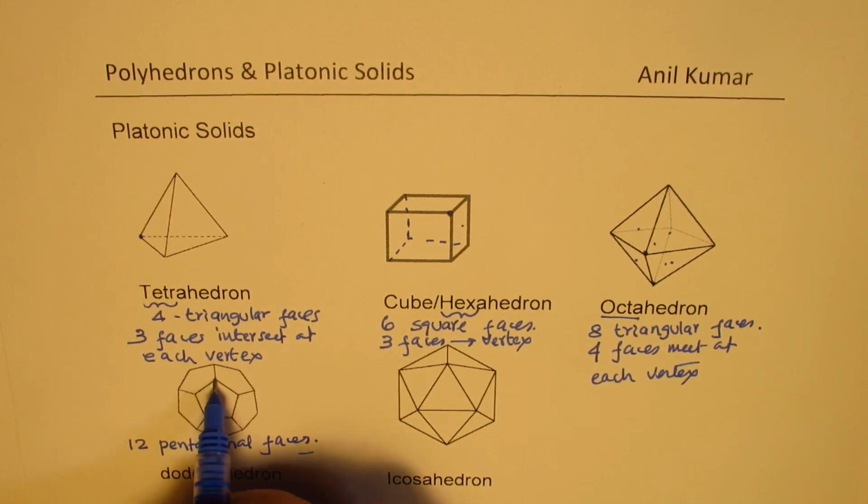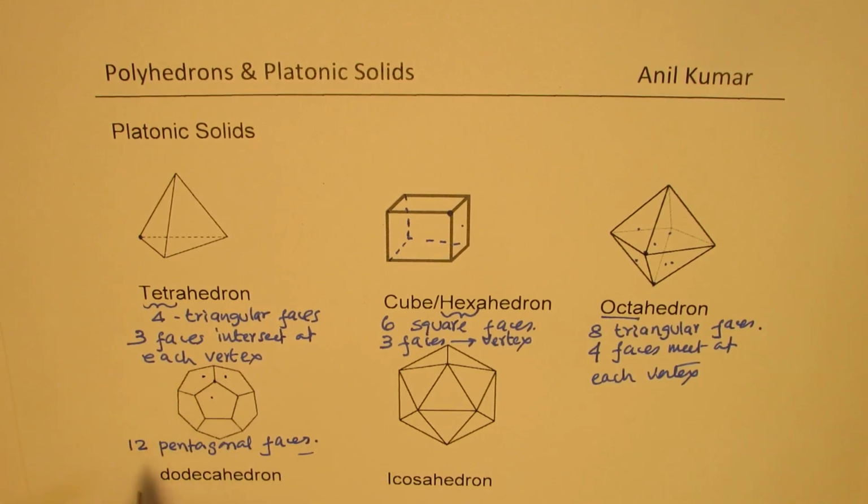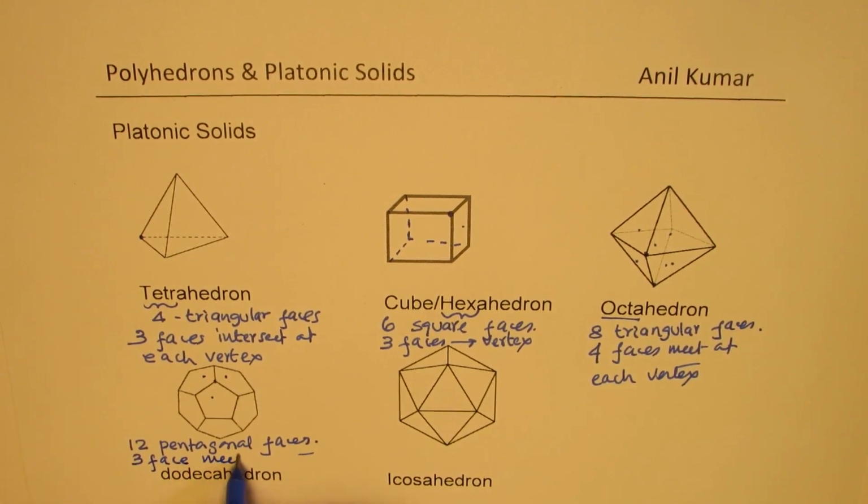At each vertex, 3 faces meet. So when you describe a Platonic solid, these are 2 very important things: what is the type of faces, which should be regular polygons, and how many of these meet at the vertex?